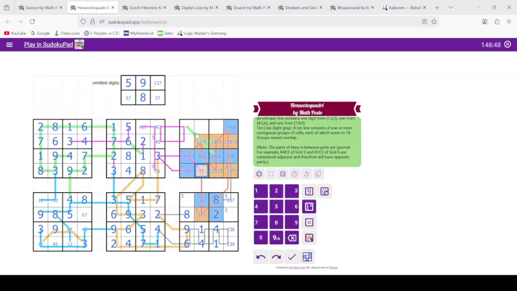We do know that these are not 4. So, if there was no 4 over here, if this was a 4, making that a 5, and that is 7, this would be 6, 8. Otherwise, there is a 4 over here.